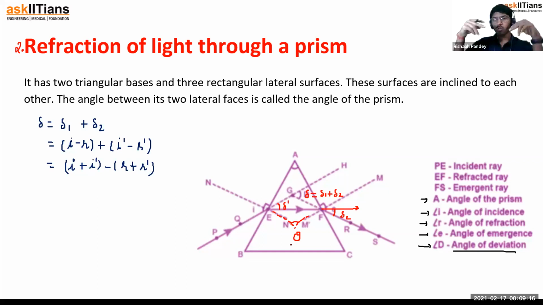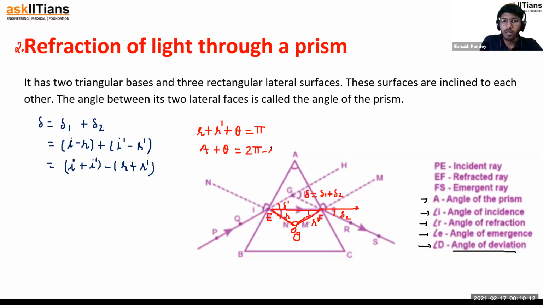By the concept of triangles, R plus R dash plus angle theta is equal to 180 degrees. See, this is R dash and this is angle theta, and this forms a triangle, triangle EOF, say this is O and this is F. The sum total of the angles is 180 degrees, and A plus theta is equal to 180 degrees, by the exterior angle concept.